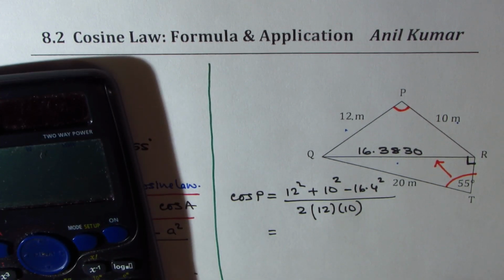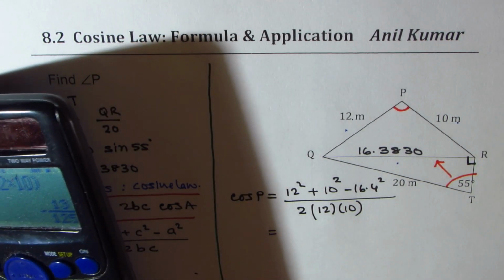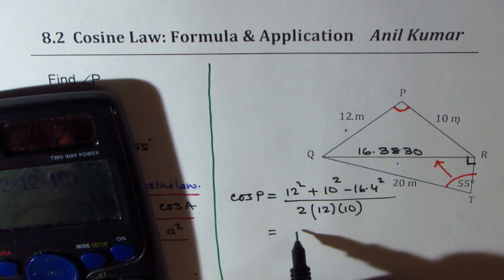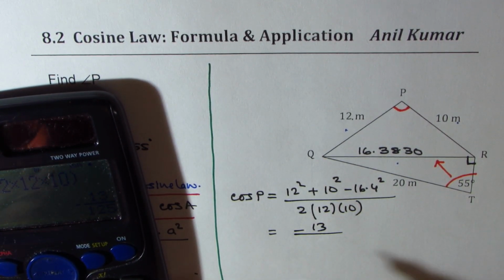It gives us 12 square plus 10 square minus 16.4 square, divided by, within brackets, 2 times 12 times 10, which gives us a negative answer, minus 13 over 125.